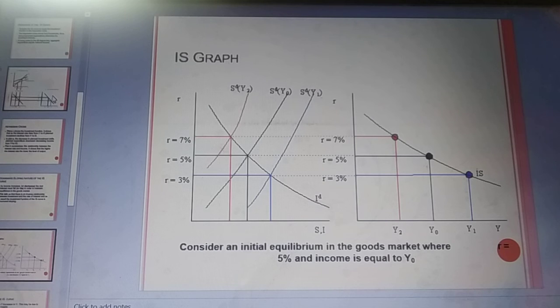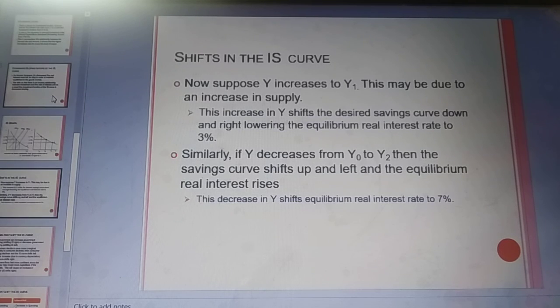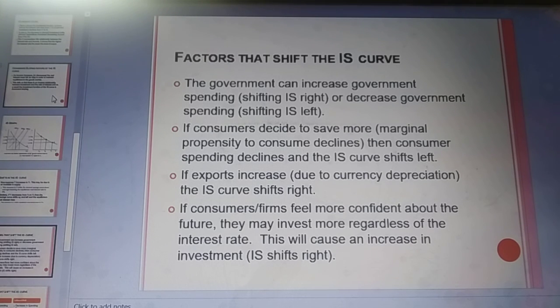And when we meet all these 3 points, we find the investment and saving curve, and that is again downward sloping. The basic reason behind that is that there is an inverse relationship between the rate of interest and the income level of the people.